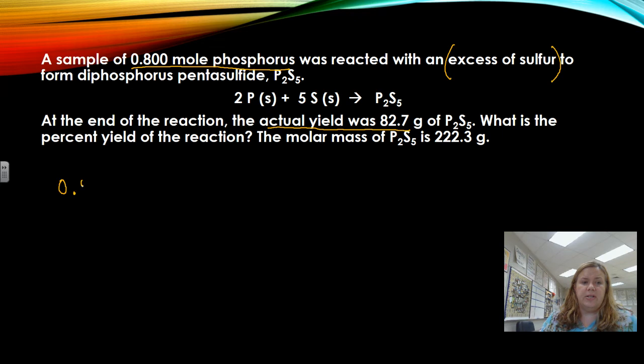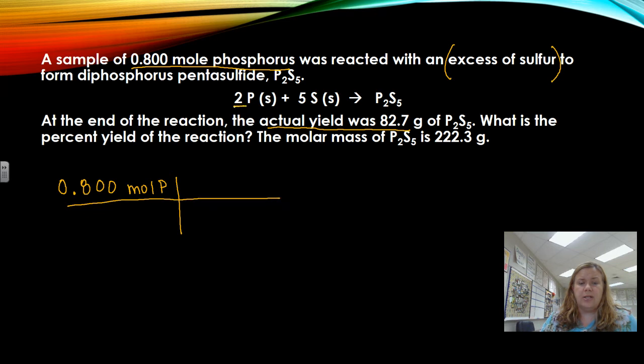The piece of information we're given is 0.8 moles of phosphorus. We have our equation, and it's balanced, so we're ready to do stoichiometry. We're already in moles, so let's do our mole ratio.